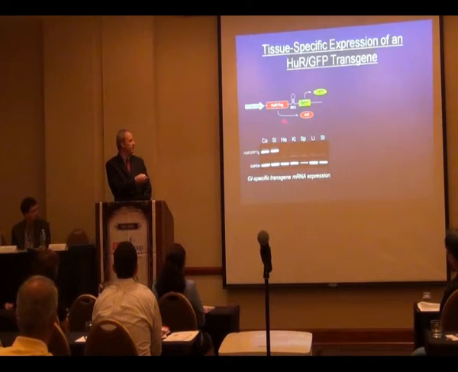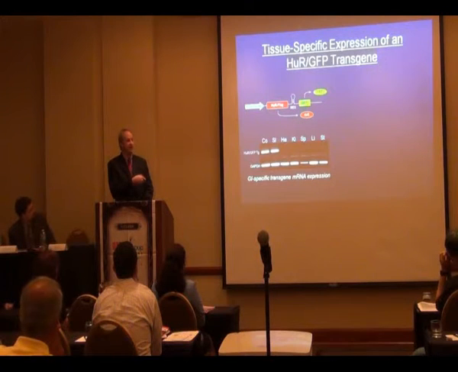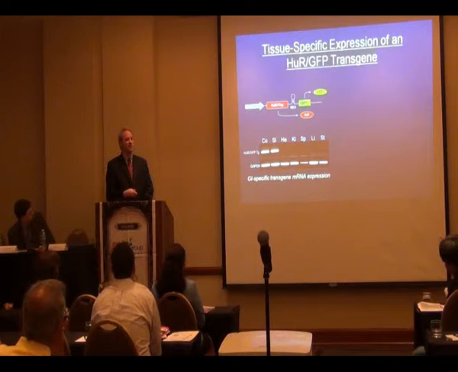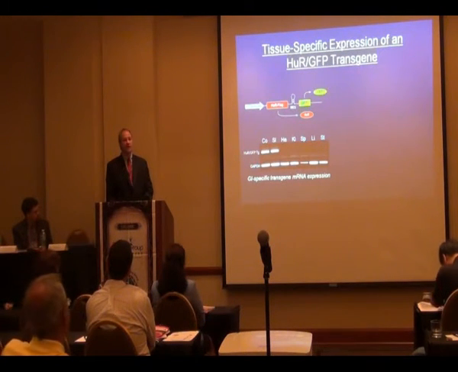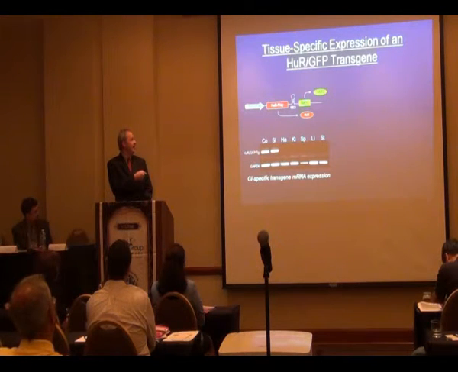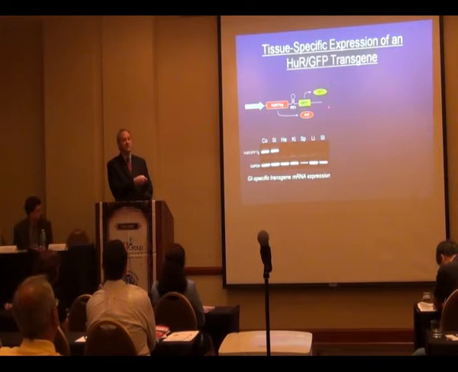And this is just an illustration here of the transgene construct. It's driven by an intestinal-specific promoter that will only express in the colon and the small intestine, and it's called the A3 promoter. It's driving the expression of a bicistronic construct that will make HUR-FLAG and also GFP expression.